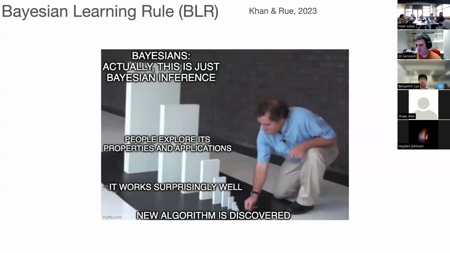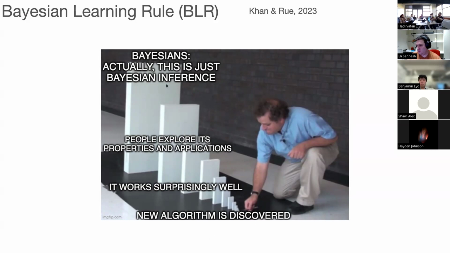This is what you might think BLR is about at first. A new algorithm is discovered, it works surprisingly well, people explore its properties, and then Bayesians come out and say, oh, actually, this is just Bayesian inference. And BLR does that. They're saying all of these well-known familiar algorithms like SGD, Adam, and dropout can be derived from Bayesian inference.